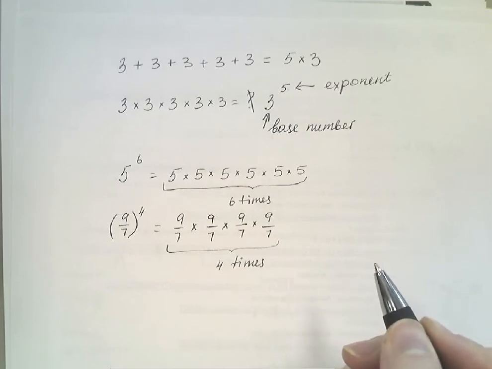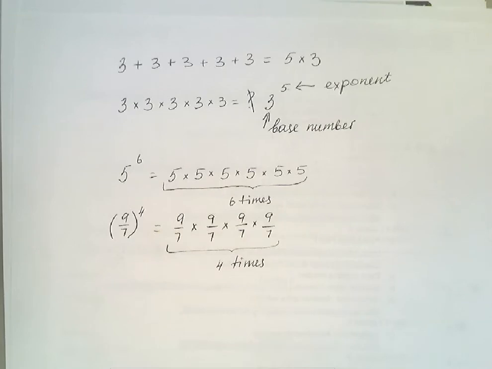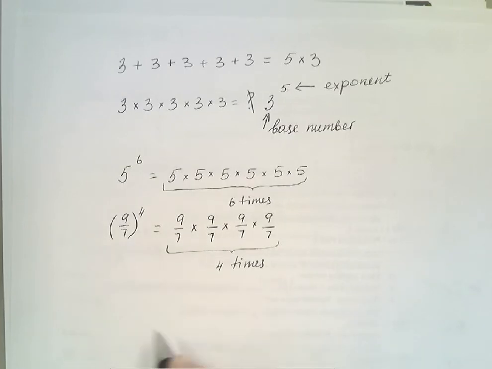Okay, so that is basically the whole point of exponential notation. Exponential notation is just a more efficient way of rewriting repeated multiplication. Okay, so here's the rule, right?